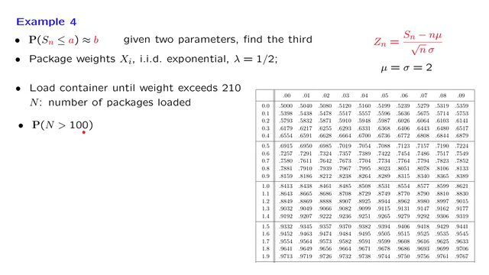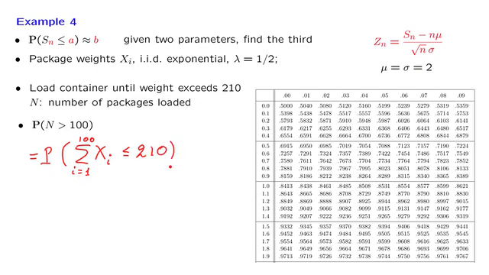This means that at the time that we were loading the 100th package, we didn't stop, and this means that at that time, after we loaded the 100th package, the weight had not exceeded 210. So the event that we're dealing with here is the same as the event that the first 100 packages have a total weight which is less than or equal to 210.